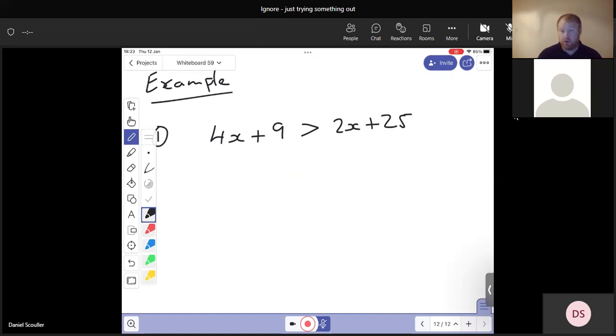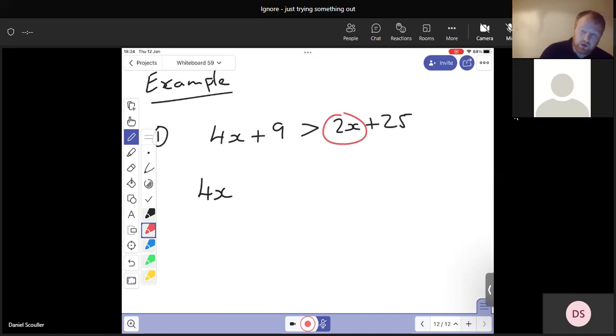So the question would be along the lines of solve for x. We want to get all our x terms on the left-hand side of that equation. We want to get all our whole numbers on the right-hand side and then solve. You can do this in one step or in 2 steps. If you're comfortable with it, leave that 4x on the left-hand side and we're going to bring over that 2x term. We're bringing over that whole term.